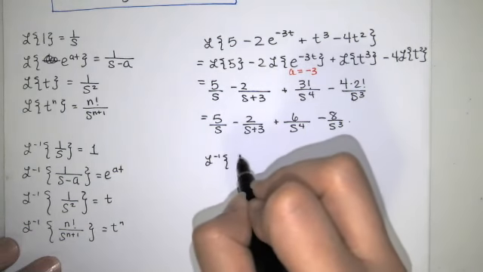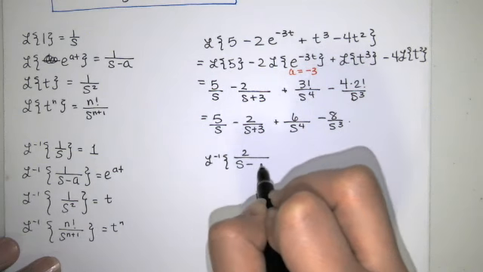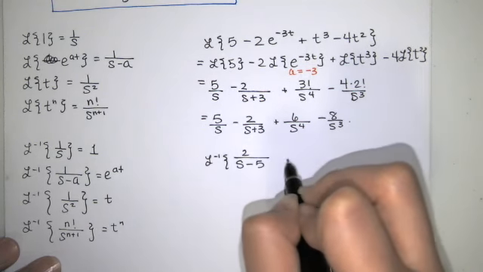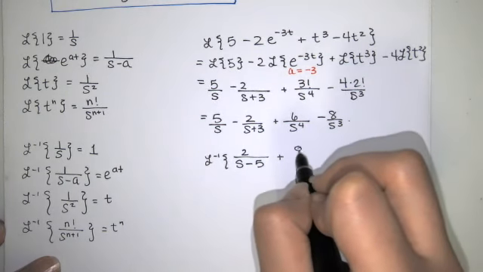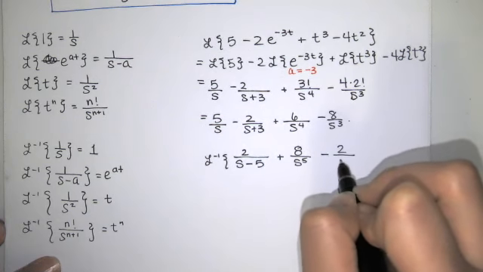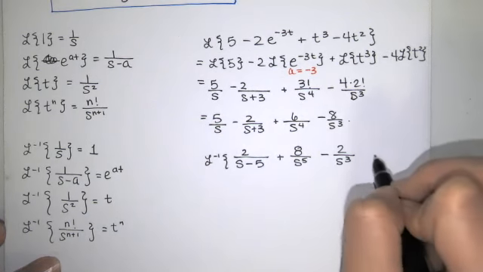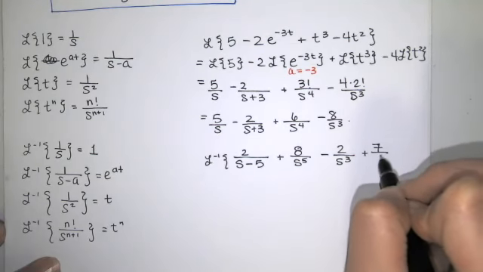So maybe we'll have 2 over s minus 5 plus 8 over s to the 5th minus 2 over s cubed plus, I keep using 5. Let's do 7 over s.